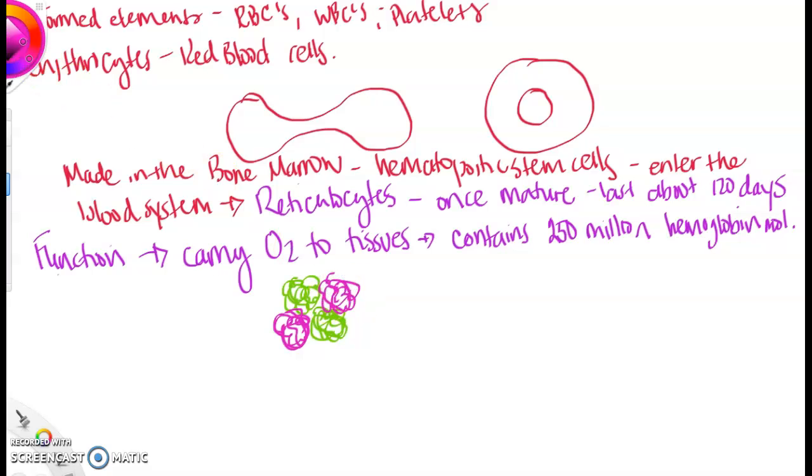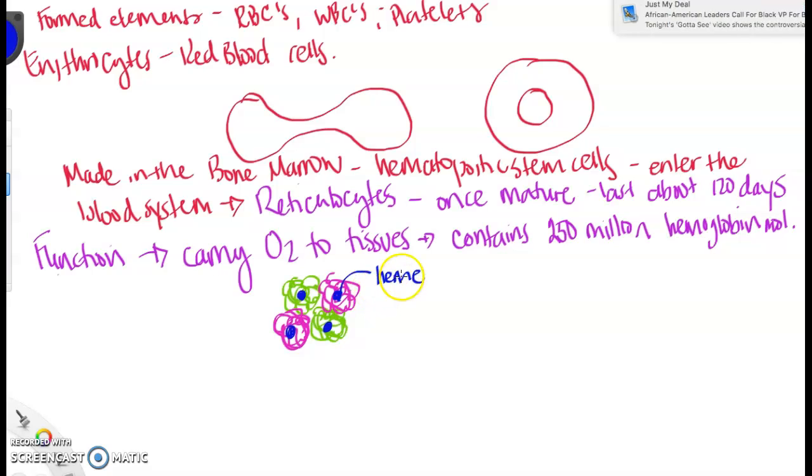And in the middle of these proteins is this little disc-looking thing called the heme molecule. And inside the heme molecule is something called iron. Iron. Okay?